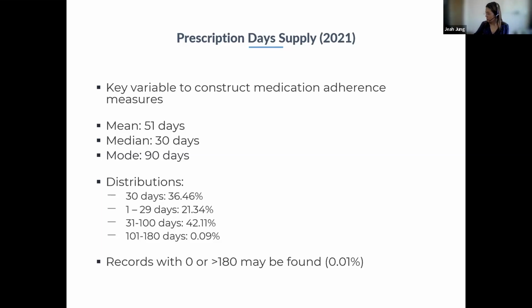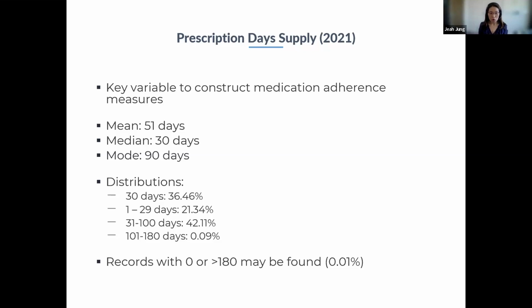When beneficiaries fill drugs using mail order, usually they fill for 3 months, so 90 days. And in the pharmacy, physically it's usually 30 days. So this has actually changed over time. When we first started this workshop in the early 2010s, around 2012 or 2015, the mode used to be 30 days, but now it's 90 days.